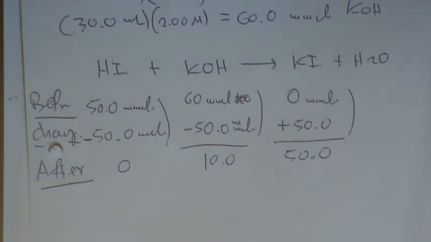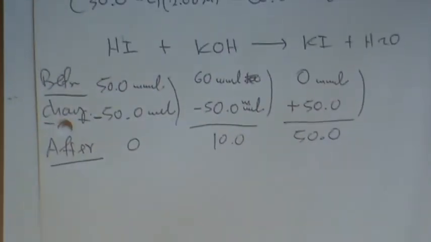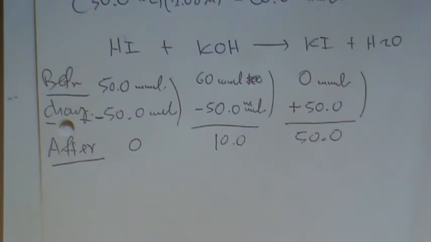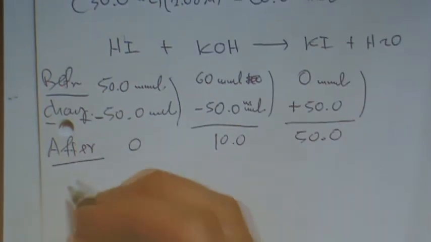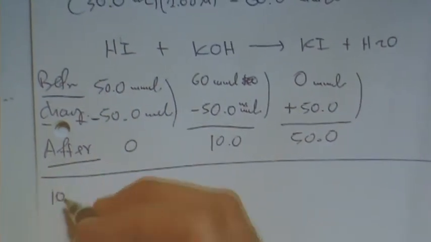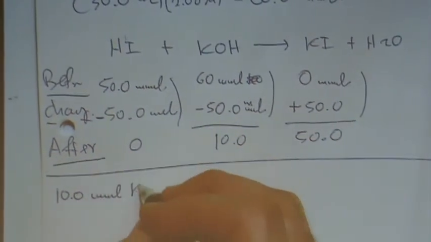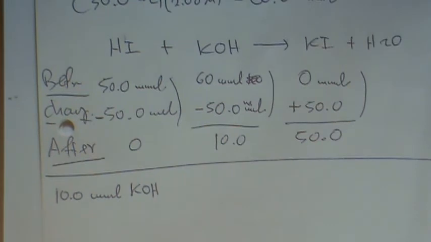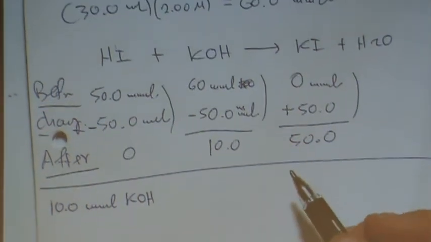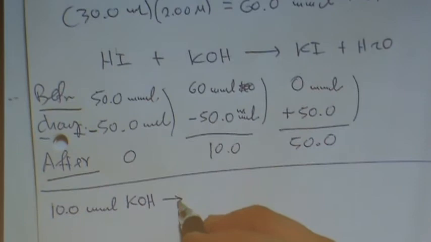We have 10 millimoles of potassium hydroxide that has not reacted, correct? Excess is what it's called. It didn't react. It didn't have enough acid, so it's there. Excess is what it's called. How many? 10 millimoles.